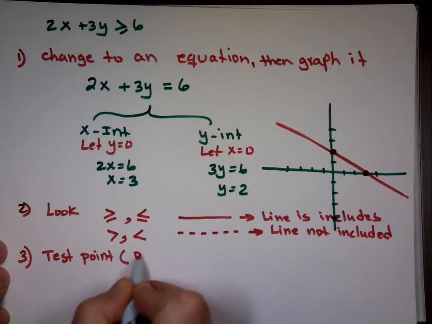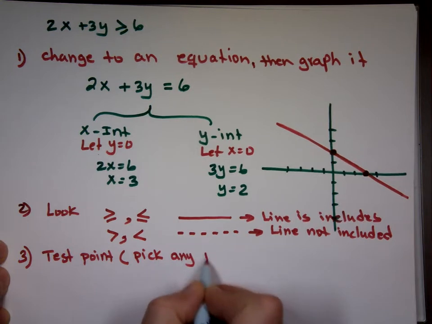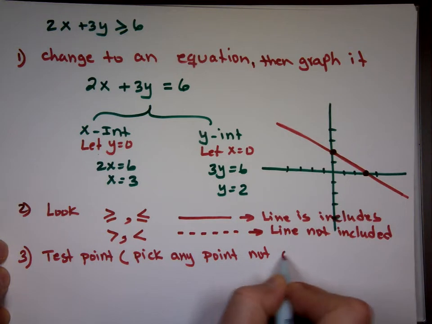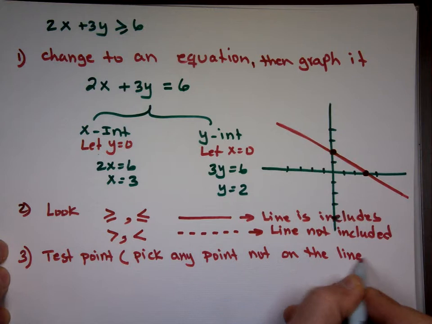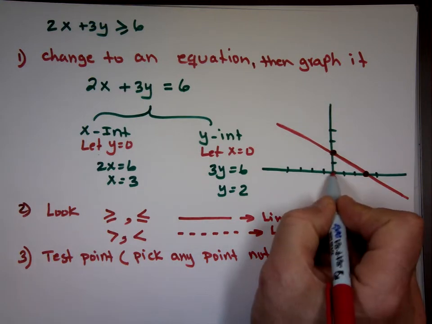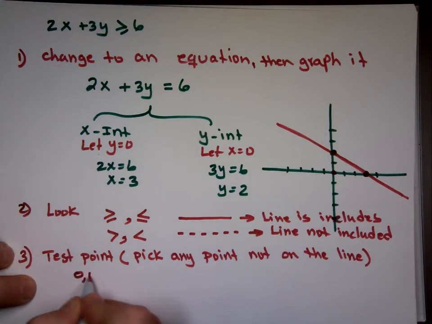You can pick any point not on the line. So let's pick a point that's not on the line. Any point that you want to. I'm going to pick the 0, 0. No reason, because it makes the math easy.